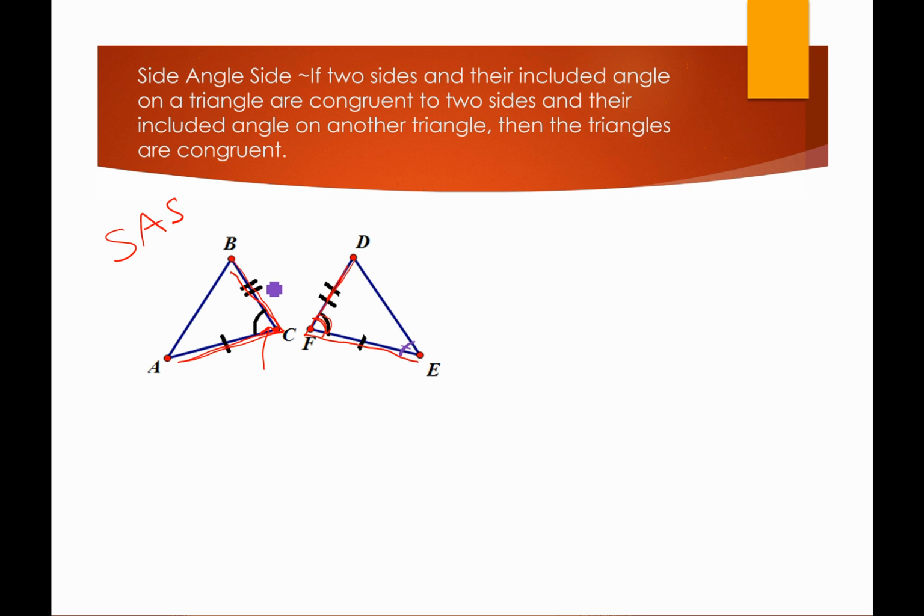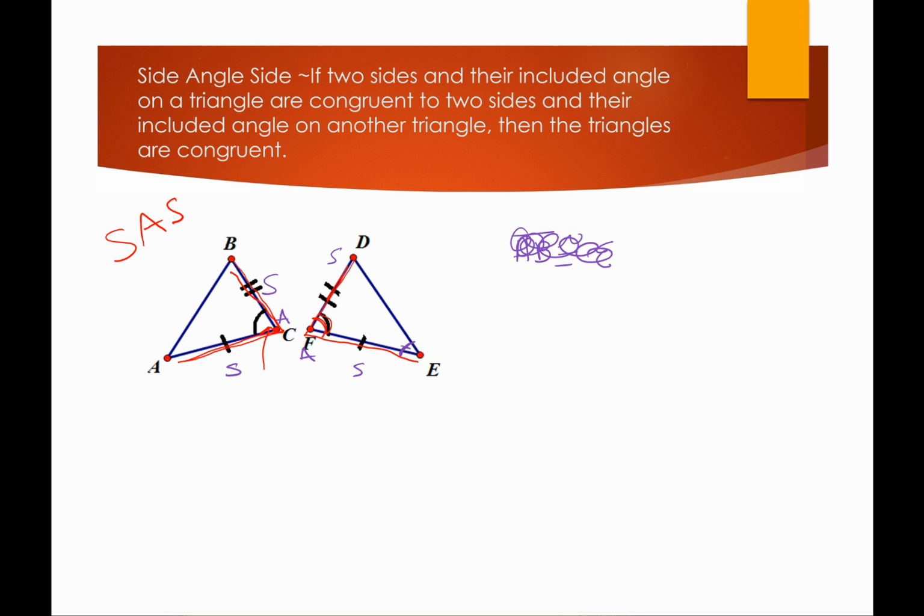So I've got a side, an angle, and a side. So what we have is side AB is congruent to side, no, we don't have side AB.